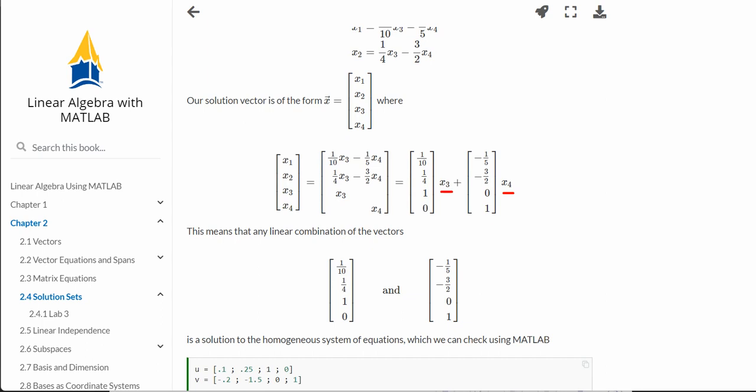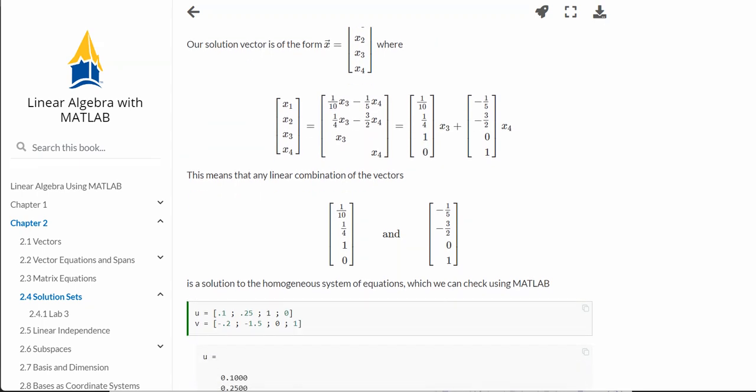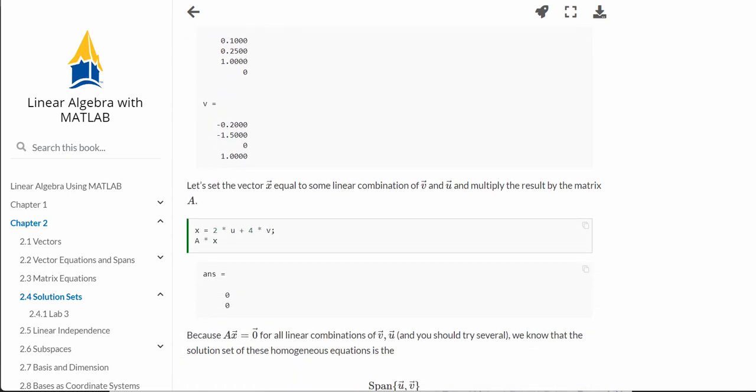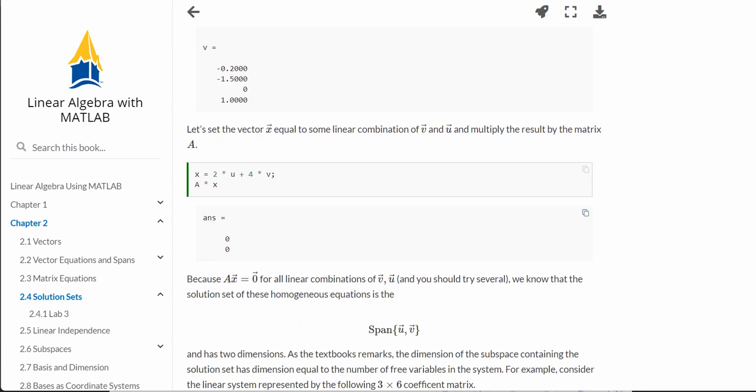All right, and then we can go into MATLAB and we can actually do our REF, right? And notice that we chose a linear combination of u and v.